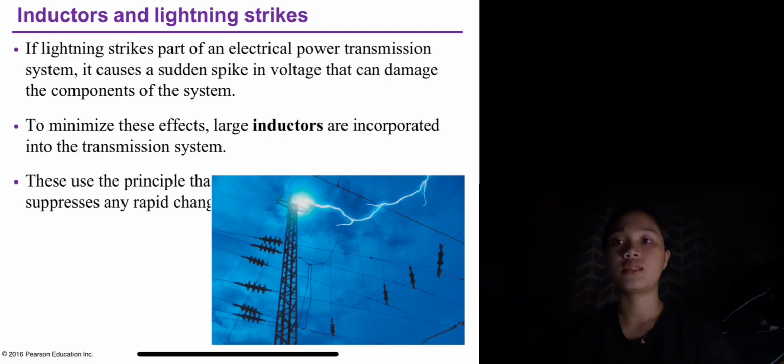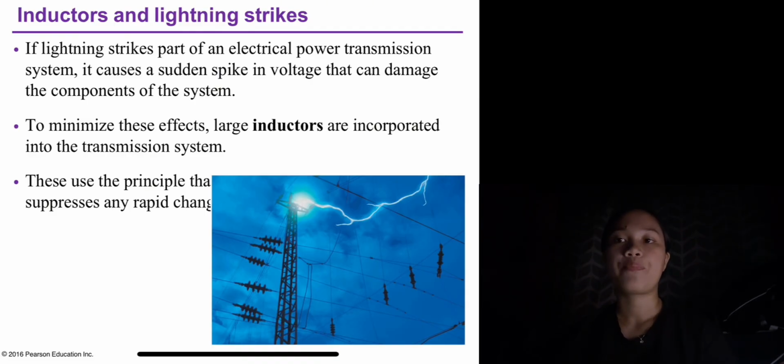Lightning produces extremely sudden and powerful current changes. If these changes reached electrical equipment directly, the damage would be catastrophic. Inductors are used in power systems to protect equipment from these dangerous surges. Because inductors resist rapid change in the current, they act like electrical shock absorbers.